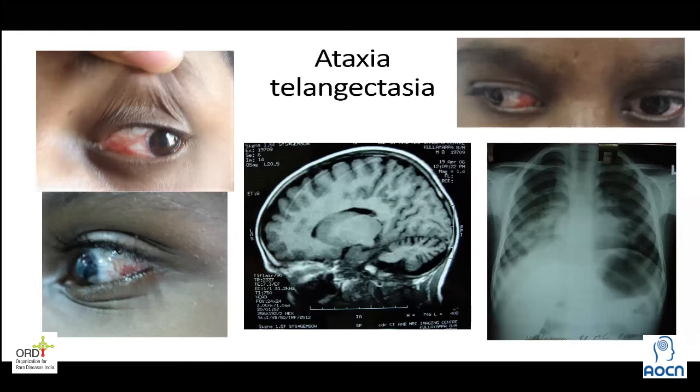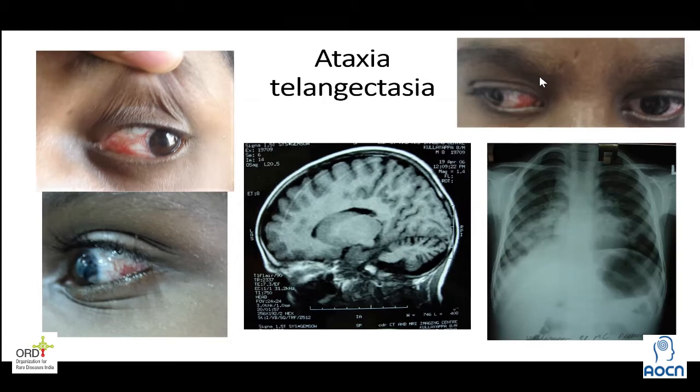So her eyes had the classic telangiectasia, and the right-hand picture at the top shows you the little picture that we had from the brother, who had a similar phenotype, from one family picture that had been produced. So he obviously had the same condition. We know the CNS manifestations show progressive cerebellar atrophy, and she had early signs of bronchiectasis, which are all in keeping with this condition. So not difficult to diagnose if you're sitting and thinking about the condition.